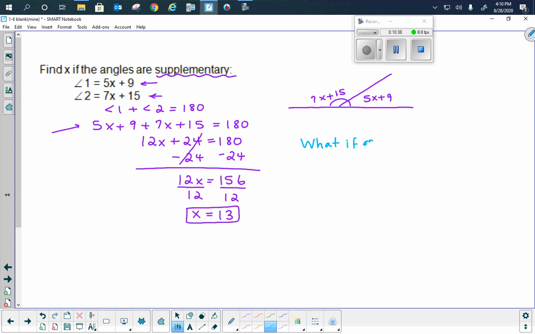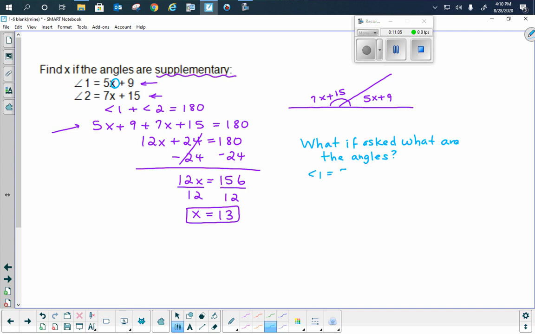So what if you were asked, what are the angles? Sometimes you really need to read the question carefully. Well, then you would pick up what was given to you at the beginning, that angle 1 equals 5 times x, and you're just going to take the 13 and plug it in there.